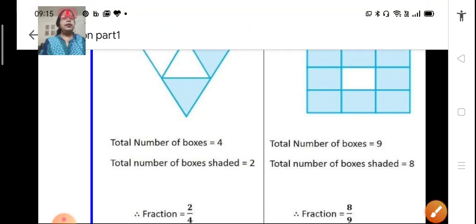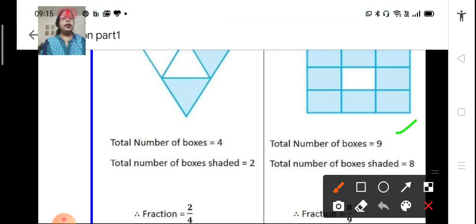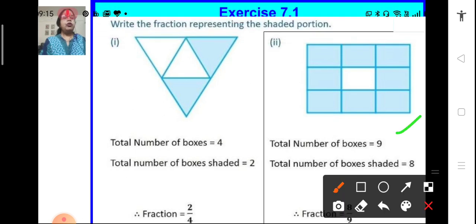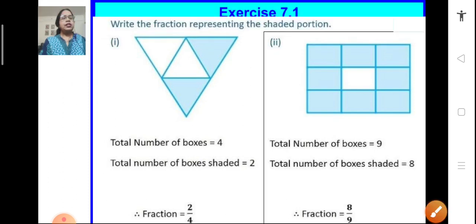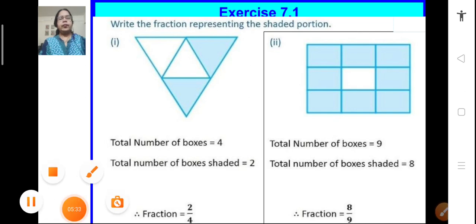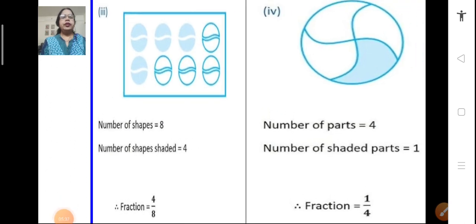Now in the next picture, here we have total number of boxes 9 and total number of boxes shaded is 8. So what is the fraction? It is 8 upon 9. Here what is the number of shapes? 8, and the shapes which are shaded, they are 4.